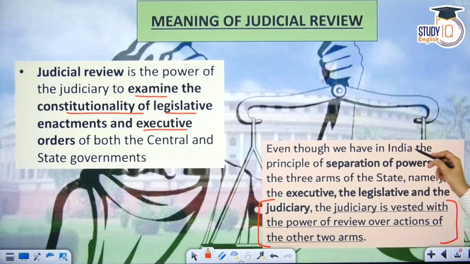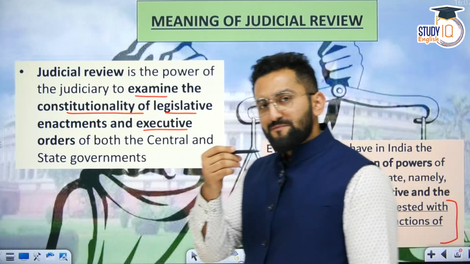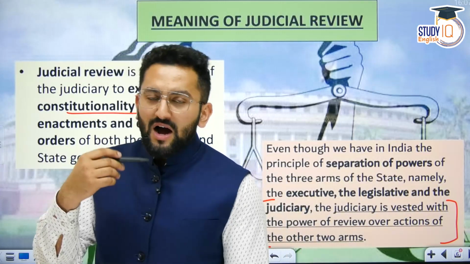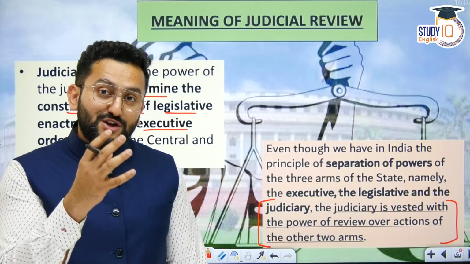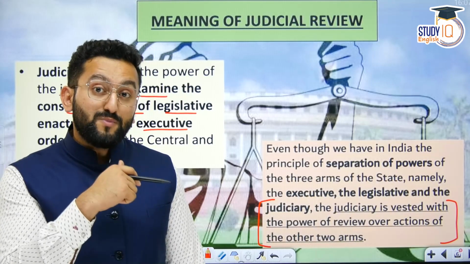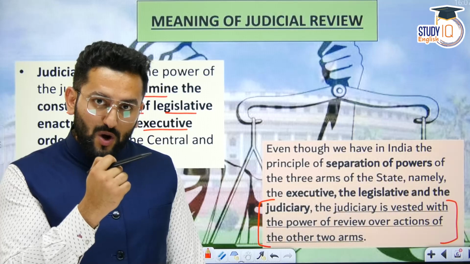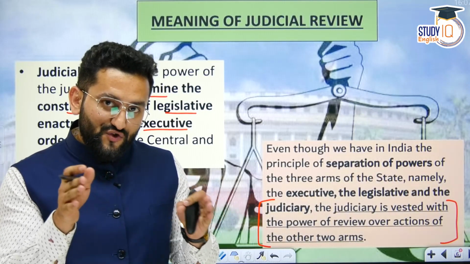Now, even though we have in India the principle of separation of power, it evolved from ideas of Mr. Montesquieu, who said that too much power concentrated in one pillar will turn this pillar into a tyrant. That is why these three crucial functions should be separated in three pillars.